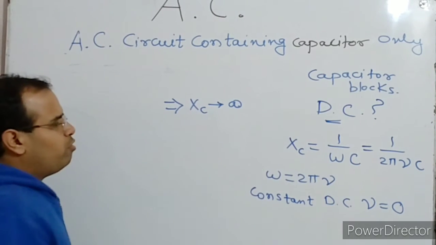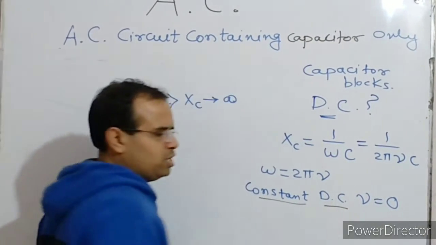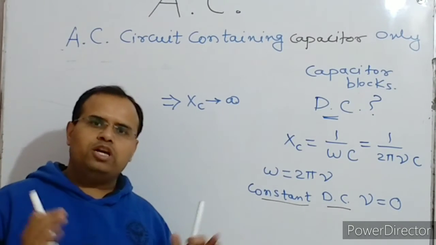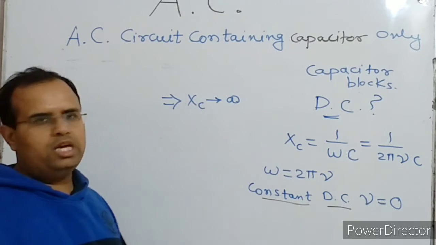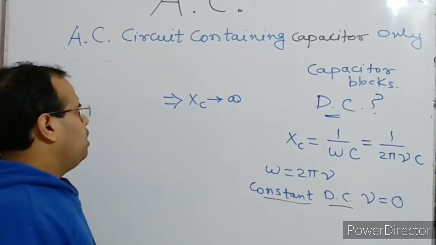What does it mean? For a constant DC, the capacitive reactance becomes infinite, and because it becomes infinite, it blocks the DC. So that's why the capacitor blocks DC.